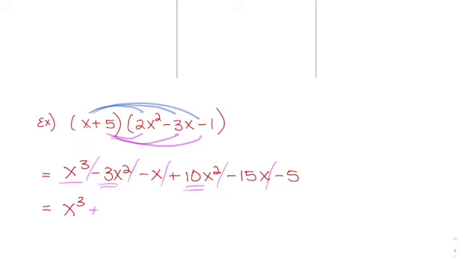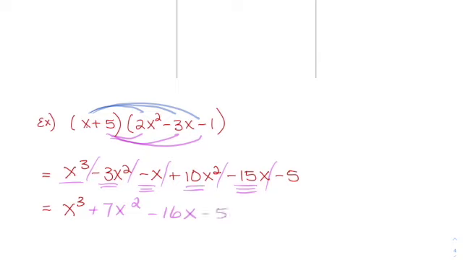That's going to be plus 7x to the second power. Remember, this is an addition of the numbers, so you don't do anything with the exponent. Then the last ones, which are the x terms, that's going to be negative x and negative 15x. Remember, I'm saying the sign, which is negative 16x. And the last one, which is minus 5.